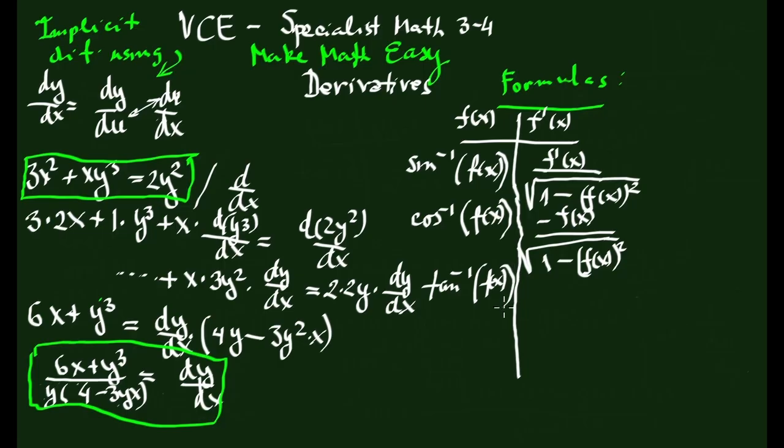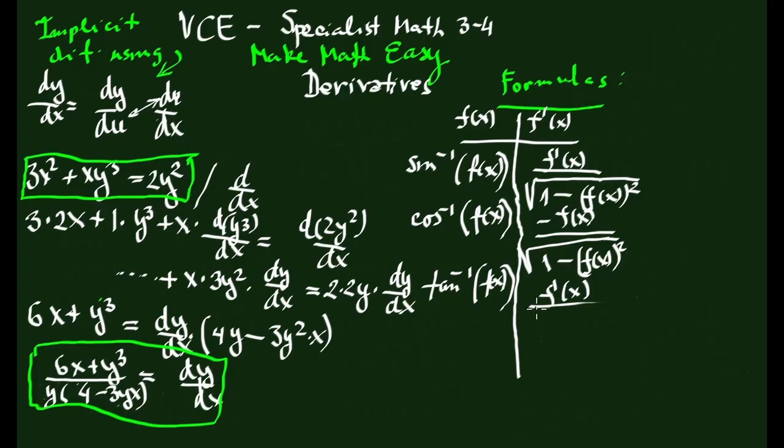Like before, we have the first derivative of the function on top, and of course there is no square root there because it was 1 divided by a square plus x square.